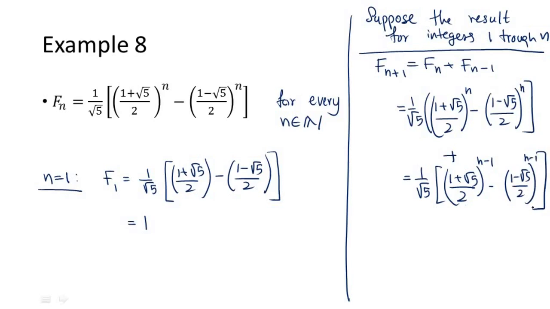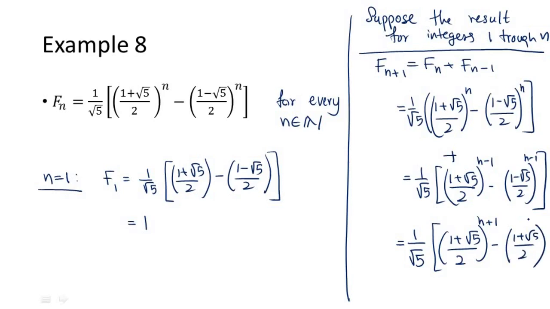And with a little bit of effort, by simplifying these expressions, you can easily obtain that this is equal to 1 over root 5 times (1 plus root 5 over 2) to the n plus first power minus (1 minus root 5 over 2) to the n plus first power. Sorry, this should be 1 minus.